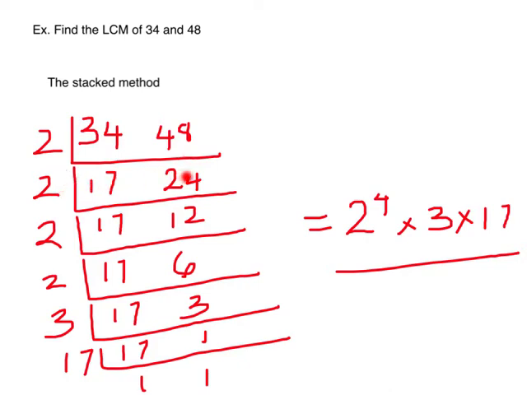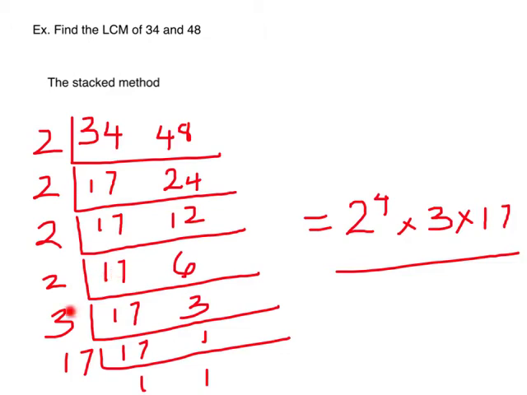We can only divide 24, where we get 12. 17 is not divisible by 2, so we still push down our 17. We can still divide 12 by 2, so we get 6, but still 17 cannot be divided by 2, so we bring down 17.